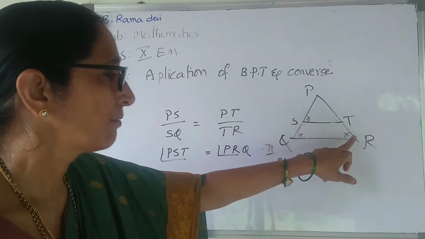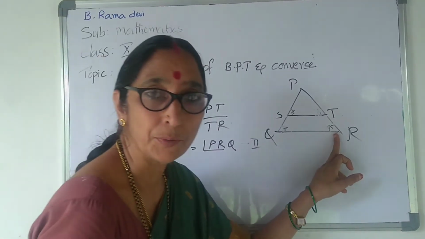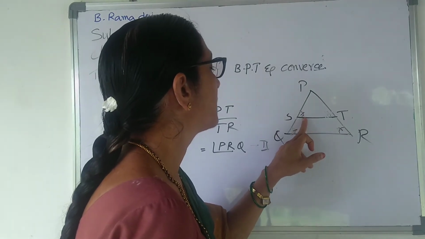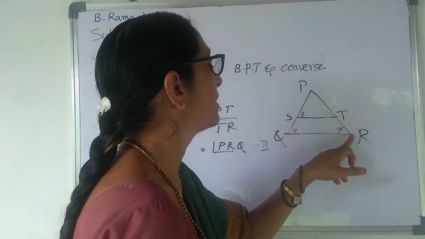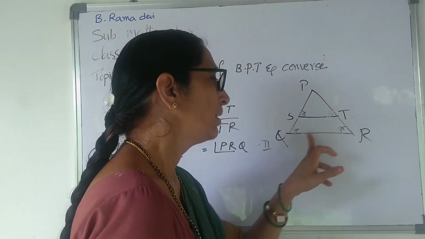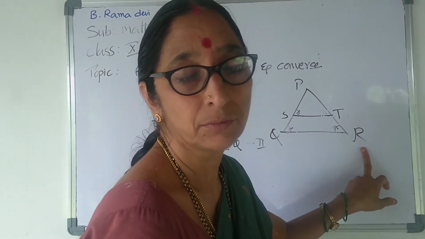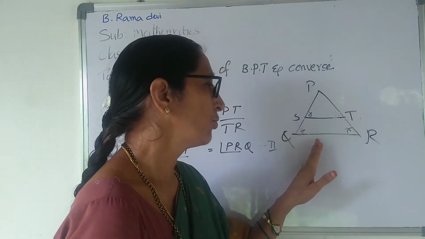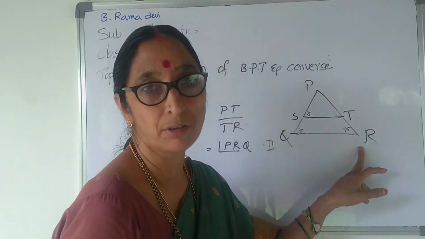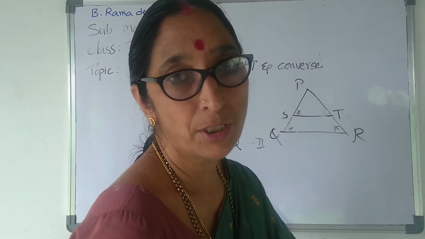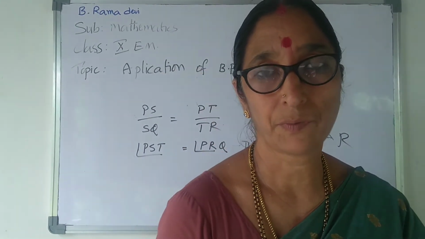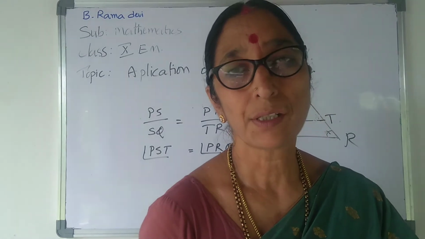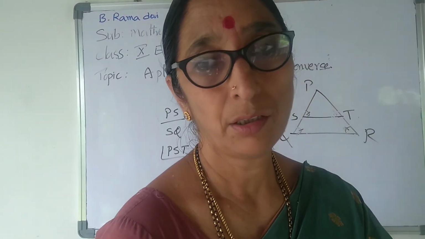Here angle S is equal to angle Q, and angle S is equal to angle R. So angle Q is equal to angle R. So in triangle PQR, two angles are equal, so the two sides opposite to the equal angles are also equal. So PQR is an isosceles triangle. Thus, we have proved the required statement.